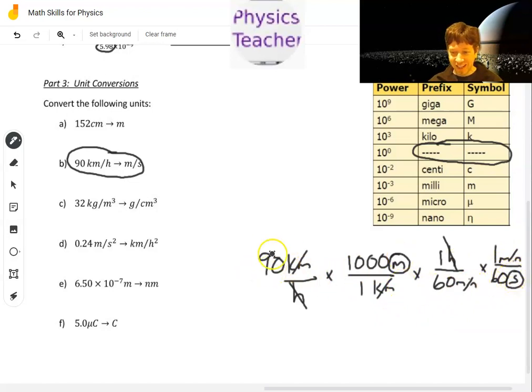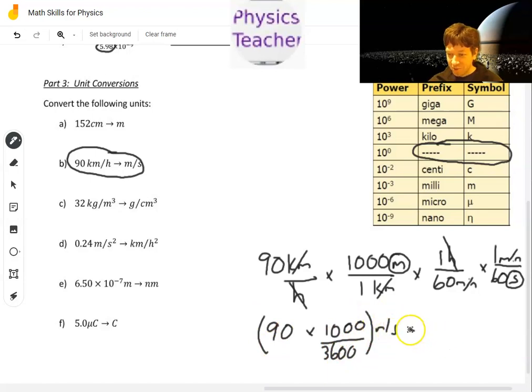So all we have to do is take 90, multiply it by 1,000, and divide it by 60 times 60, which is 3,600. And that'll give me an answer in meters per second. To make it even more simple, 1,000 over 3,600 is the same as just doing 90 divided by 3.6.